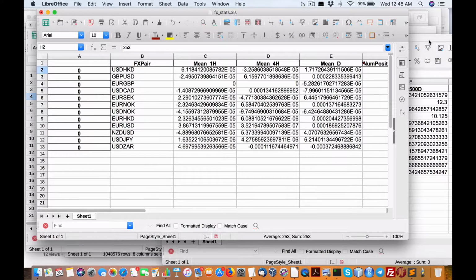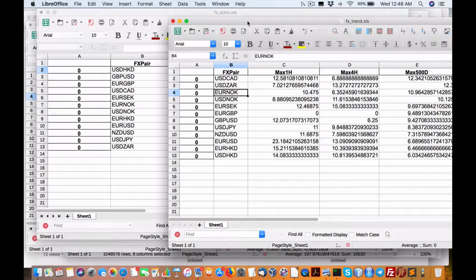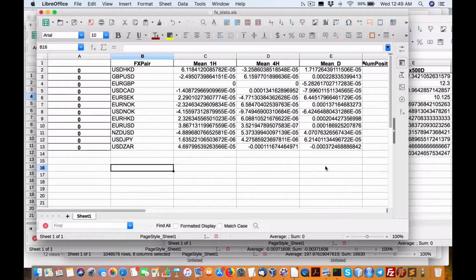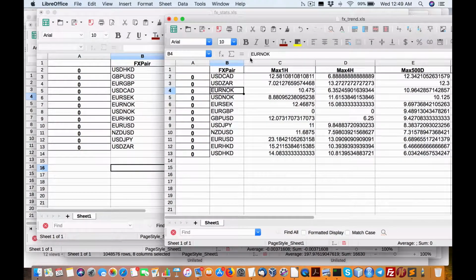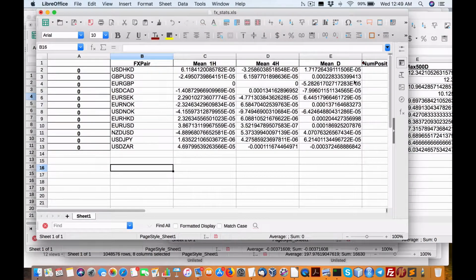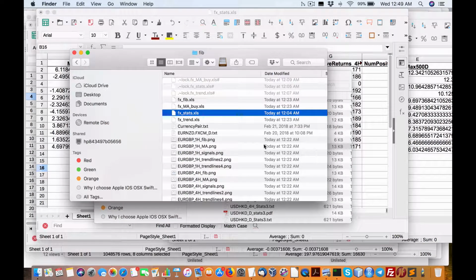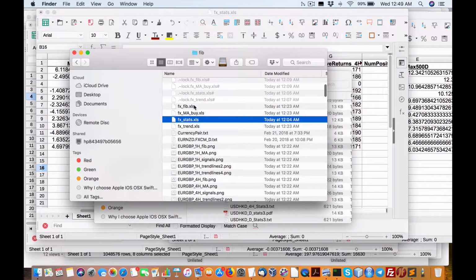So if I do a comparison between these, let's say top 5, it's quite odd how there's really no relationship here. So again, we need to figure out the relationship, if there is one, between trend and statistics using these number of positive returns.